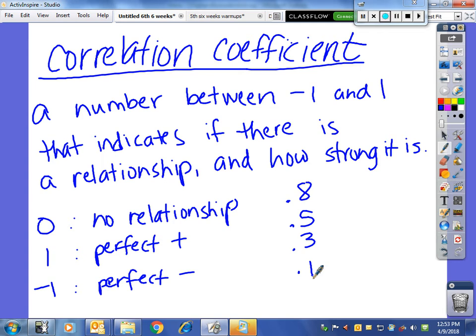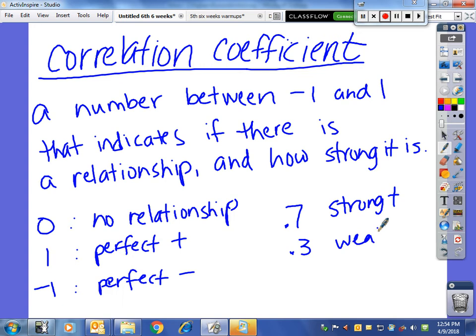That's closer to 0. Now, in general, for positive relationships, if it's 0.7 or bigger, that's usually a strong positive. If it's 0.3 or smaller, that's usually a weak positive. You see what I'm saying? If it's exactly 1, it's perfect. Same thing for the negatives.